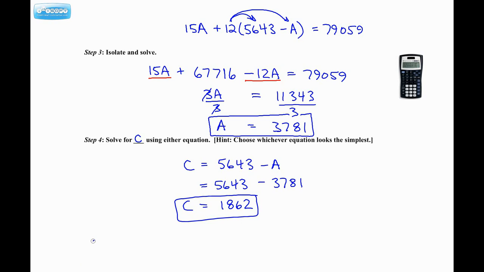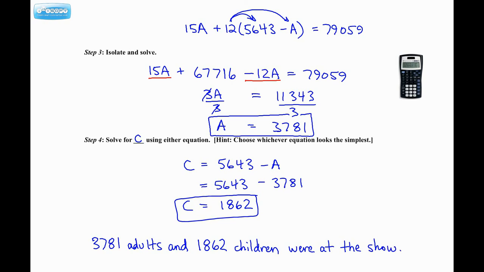So 3,781 adults and 1,862 children were at the show.